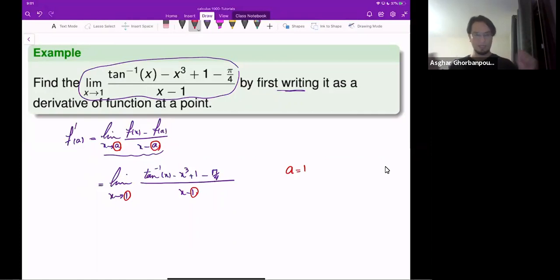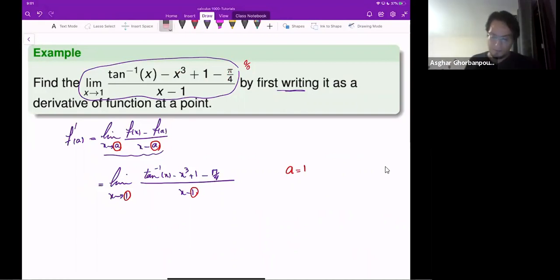What you need to make sure is that this limit should give you 0 over 0. You can plug in and note that tan inverse of 1 is pi over 4. That will cancel with that pi over 4. And at 1, x cubed is 1. Negative 1 plus 1, these two will cancel each other when you evaluate at x equal to 1.